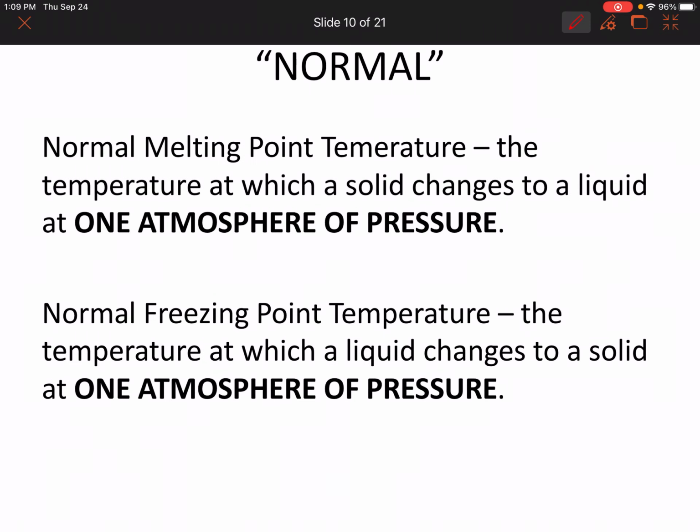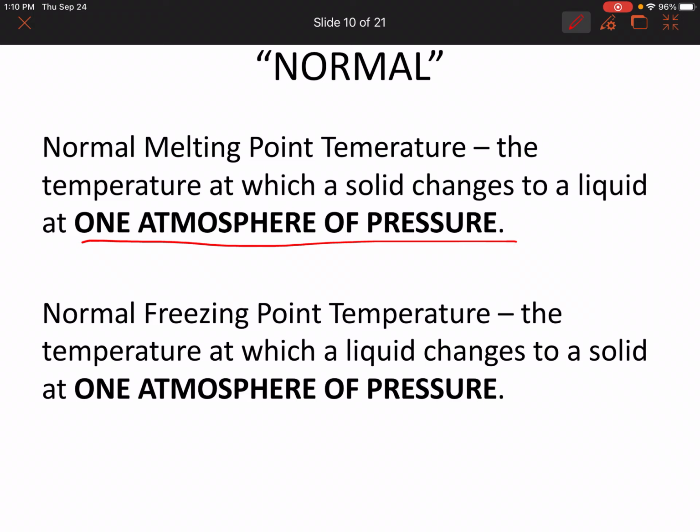Now, we have this term called normal. When it's applied to melting points and boiling points, like we're going to talk about today, it doesn't mean what we normally think it means. Normal melting point temperature is the temperature at which a solid changes to a liquid at 1 atmosphere of pressure. So it is specific to a certain pressure. We have pressure all around us.